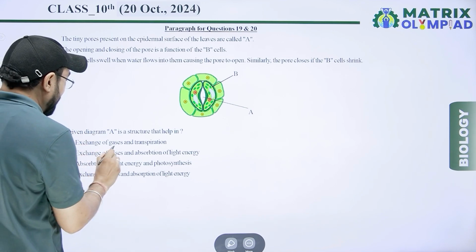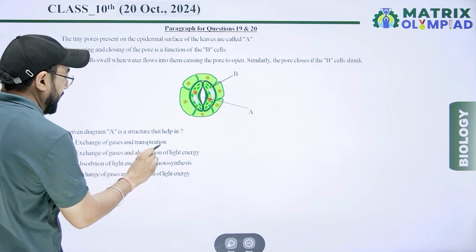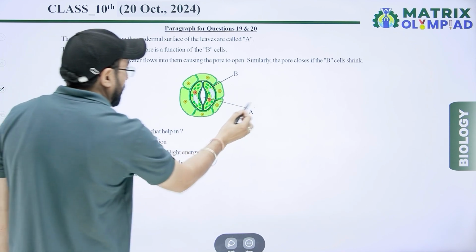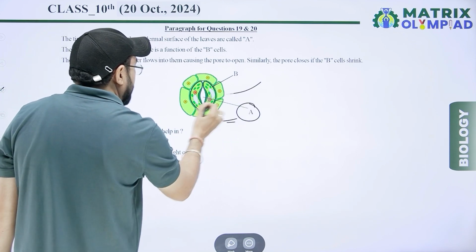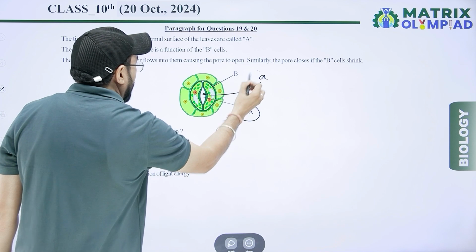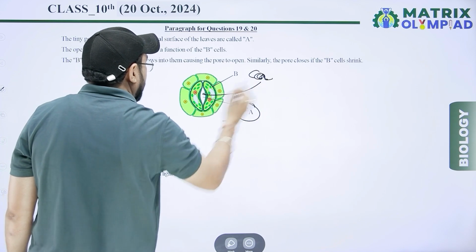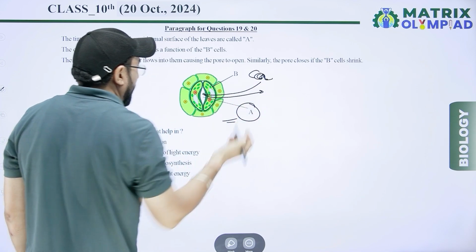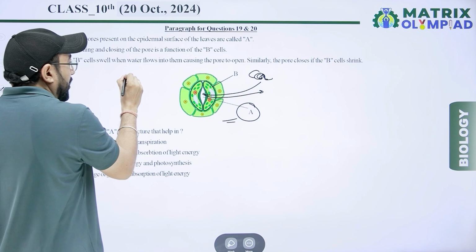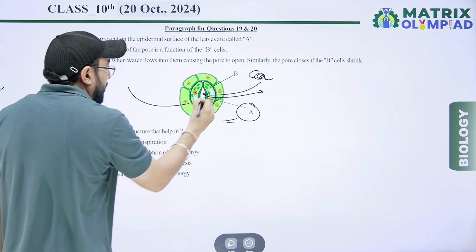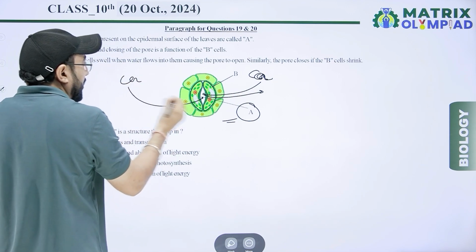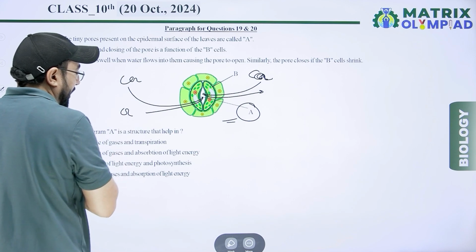Next question is, in the given diagram, A is a structure that will help in option A, exchange of gases and transpiration, that is right. Oxygen inside, CO2 outside, and in photosynthesis, CO2 inside and oxygen outside.